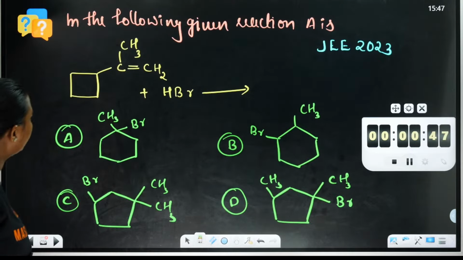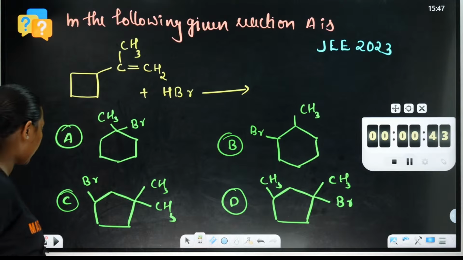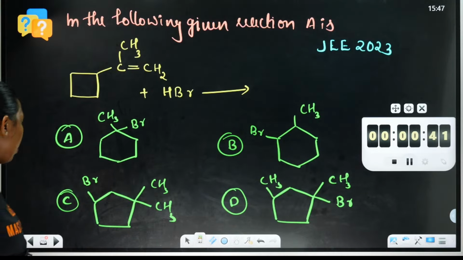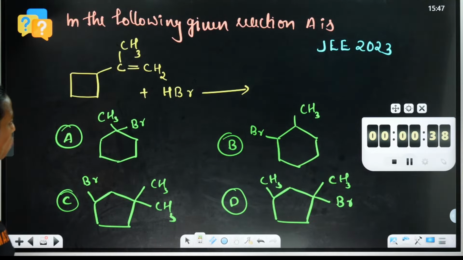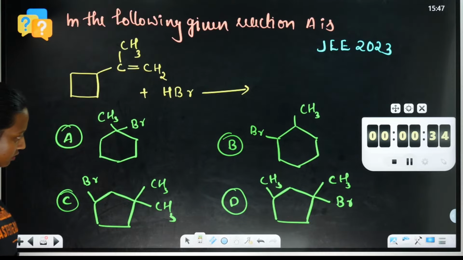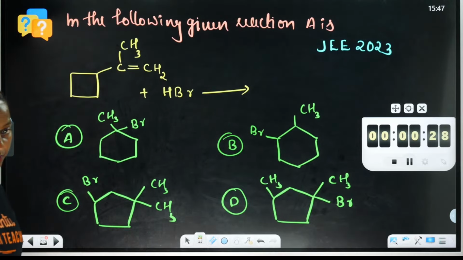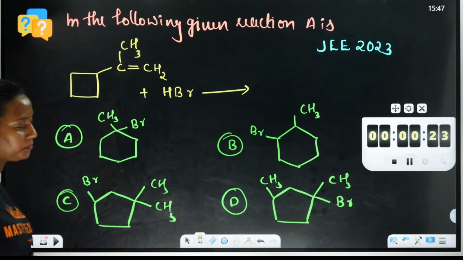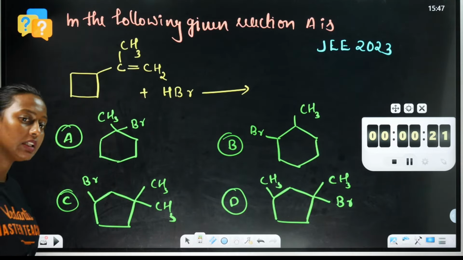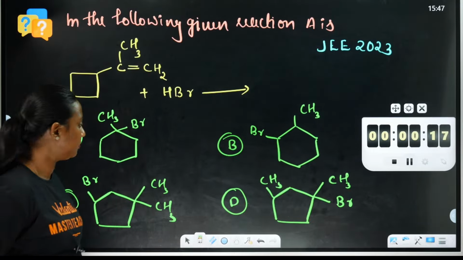The following reaction, A is... Ring expansion we just discussed now. Ring expansion will happen. In rearrangement I mentioned ring expansion also.